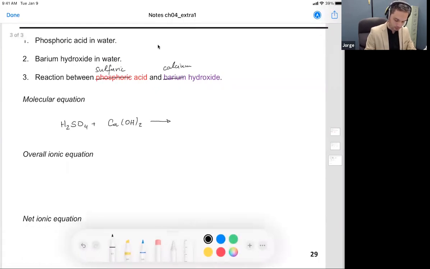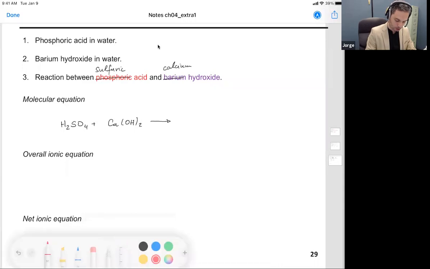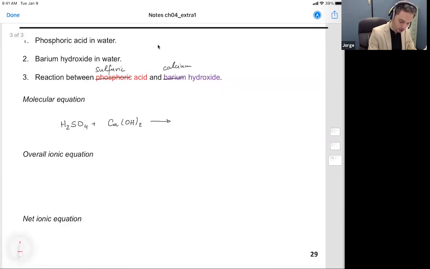Always, we are going to form a salt and water. So let's start writing the water here. The salt is going to be formed by the first element from the base, calcium, combined with the oxo anion from the acid, sulfate.